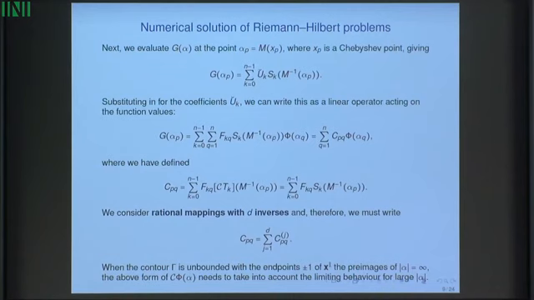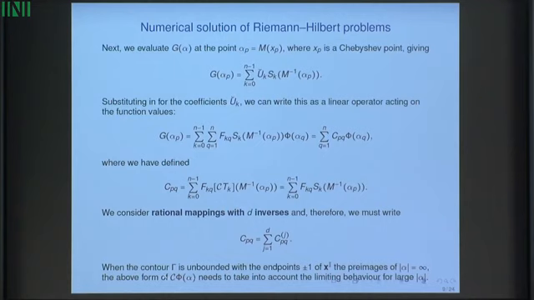What I'm going to talk about next is that we are going to consider mappings which have multiple inverses, especially rational mappings with, let's say, D inverses, which means that if we want to do this procedure of computing the Cauchy transforms, we need to do that for all the inverses of the mapping.